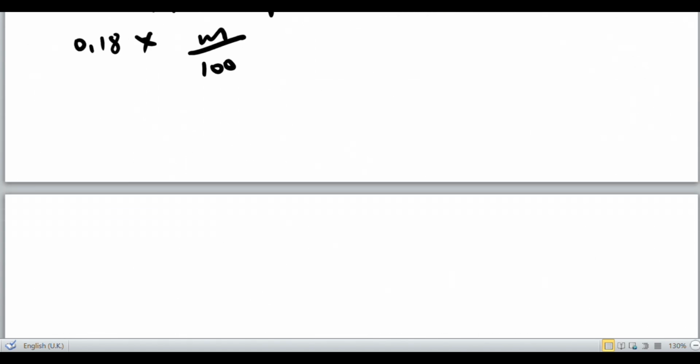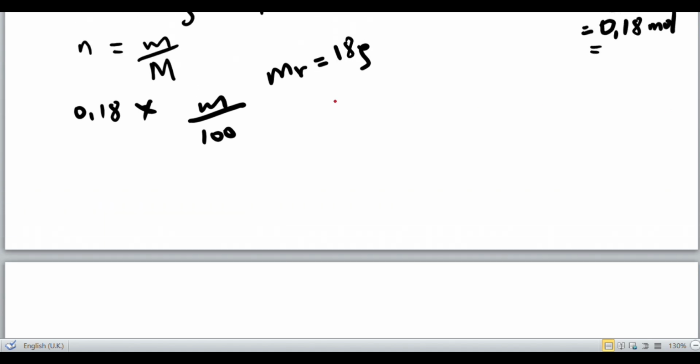So it means the total mass we had, 25, minus the mass reacted, that is 18. Then we get the mass of impurities. So in this total mass there are impurities and pure calcium carbonate. We get 7 grams, which is the mass of impurities in this 25.